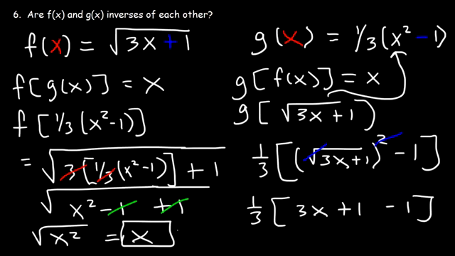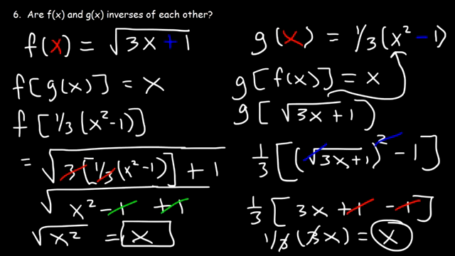And then we have a minus 1 outside of that. 1 minus 1 adds up to 0. So what we have left over is 1/3 of 3x, which is equal to x. Therefore, f of x and g of x are inverses of each other.